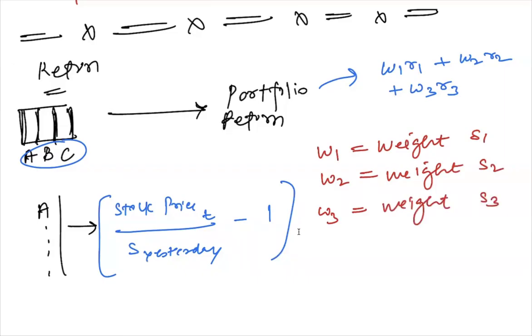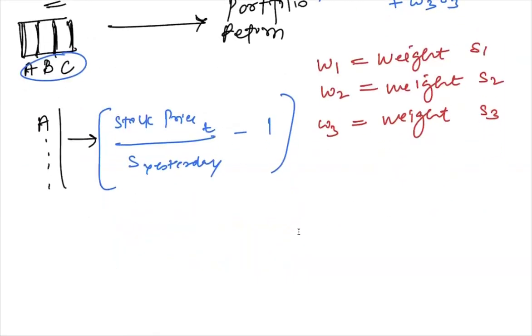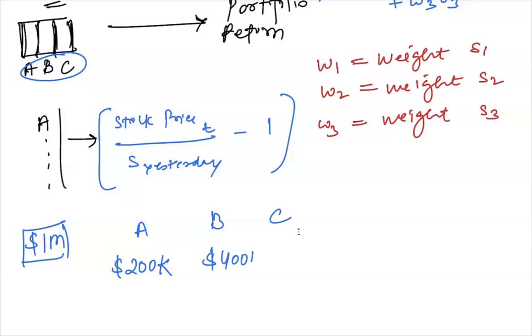So what does the weight mean? It basically means that, let's say I have a 1 million portfolio in which I have invested 200k in stock A, 400k in stock B, and again 400k in stock C, right?